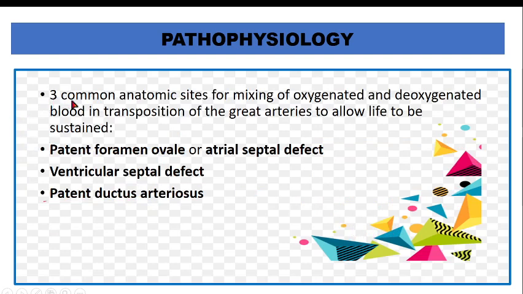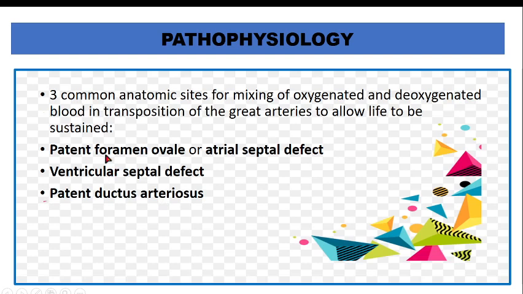Now, there are 3 common anatomic sites for mixing of oxygenated and deoxygenated blood to allow life to be sustained: patent foramen ovale or atrial septal level. We want a foramen ovale that is not closed, and or there can be ASD or VSD, or a patent foramen ovale also.